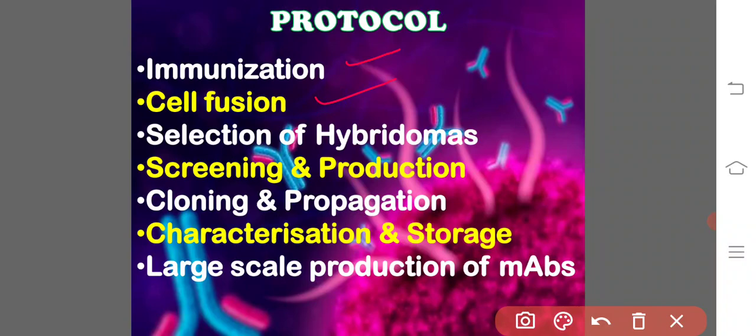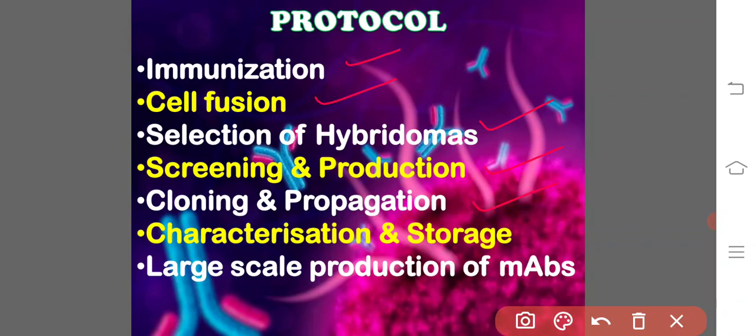And here we will use polyethylene glycol as the fusogen and go for the selection of hybridomas by using HAT medium, hypoxanthine, aminopterin, thymidine medium. We screen for the successful hybridomas, select them and produce different clones, and we go for the cloning and propagation of their population, and we have to check whether the monoclonal antibodies have been prepared against a particular desirable antigen or not.